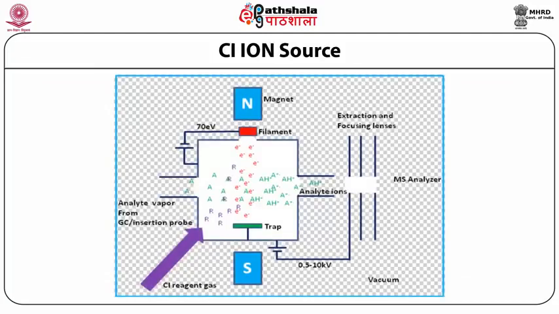It is a chemical ionization ion source where everything is similar except you can see an arrow showing the reagent gas entering into the ion source of a mass spectrometer.